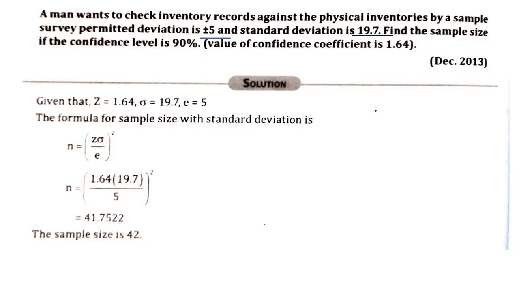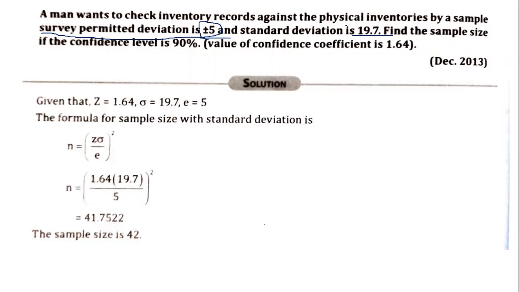So he wants to compare both of them. He wants to compare the books as well as physical stock, and he wants to make a survey. A sample has to be taken, and there will be a difference of plus or minus 5. That is what he has given directly. So survey permitted deviation is plus or minus 5. There can be a plus or minus, up and down of 5.